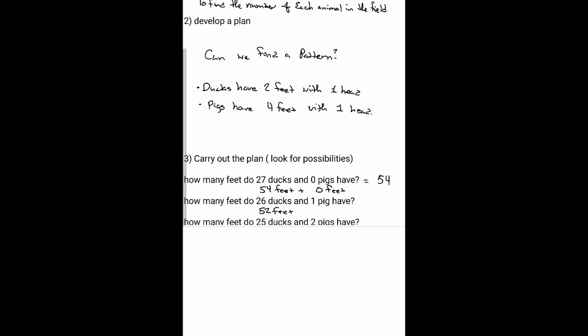And 1 pig has 4 feet. So that should give us a possibility of 56 feet. Okay, we're just doing feet now, because we know each animal has 1 head. But since each animal has different feet, that's why we're going through these scenarios with the feet, because the feet make it a little bit more complicated.